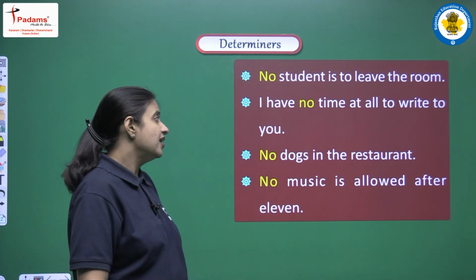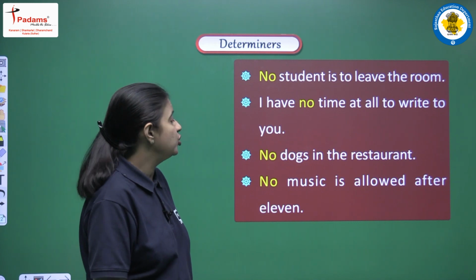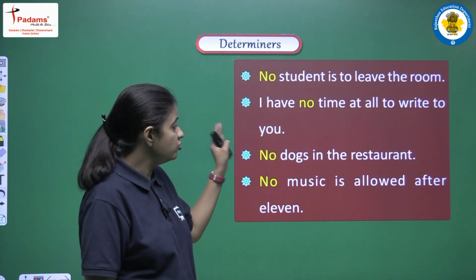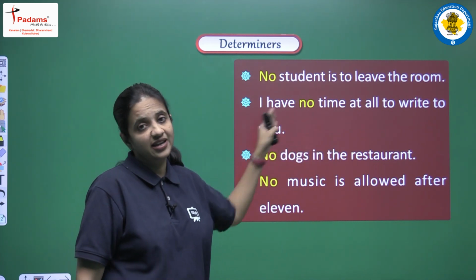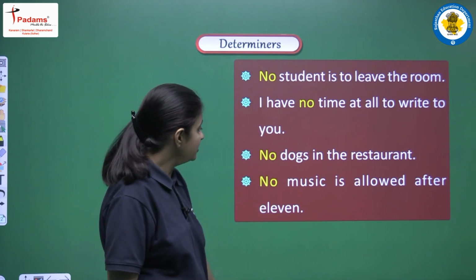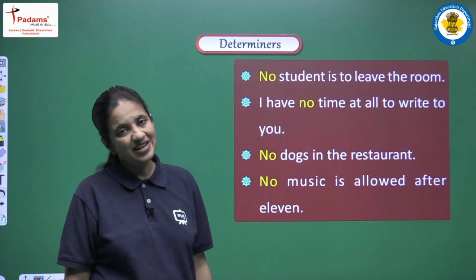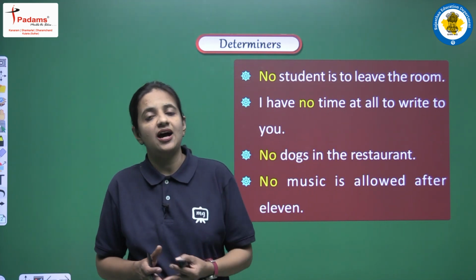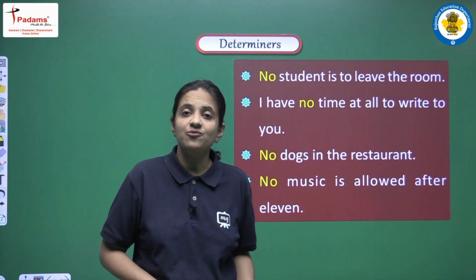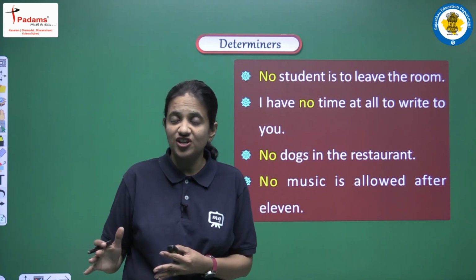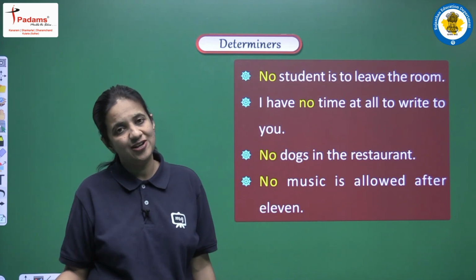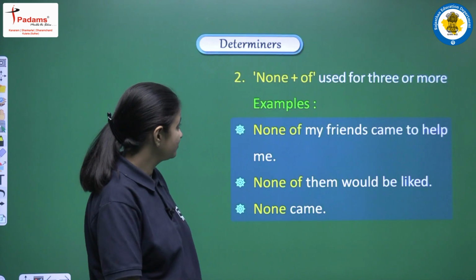Another one is I have no time at all to write to you. Next is no dogs in the restaurant. Again it's an instruction. Next one is no music is allowed after 11. So in this manner we can use no in our sentences, and at that time we are having a negative kind of sentence.